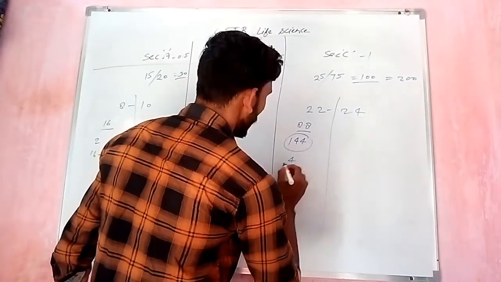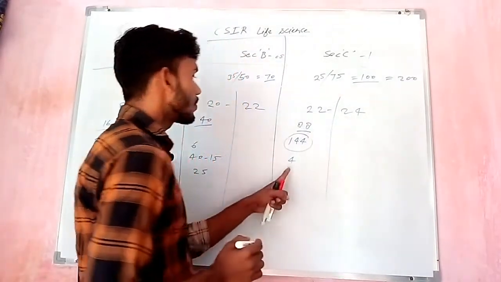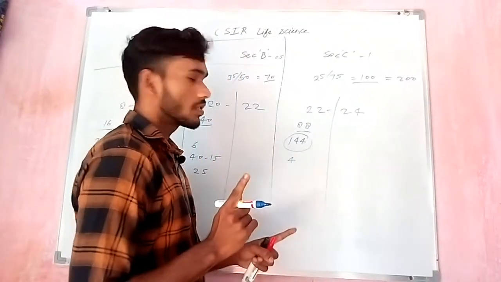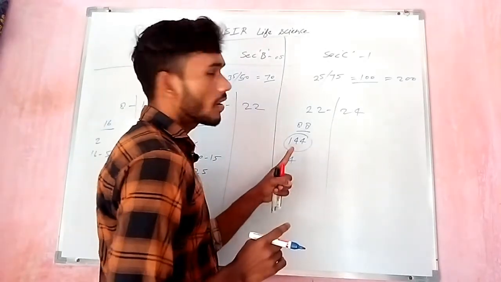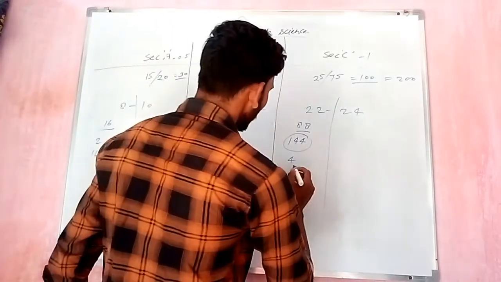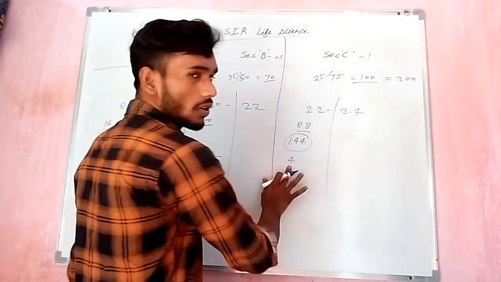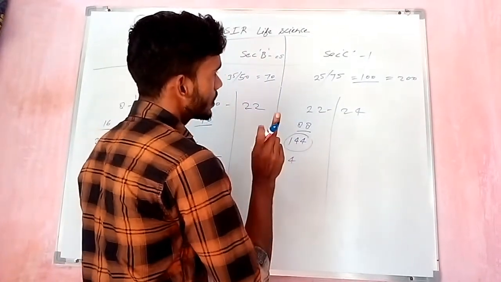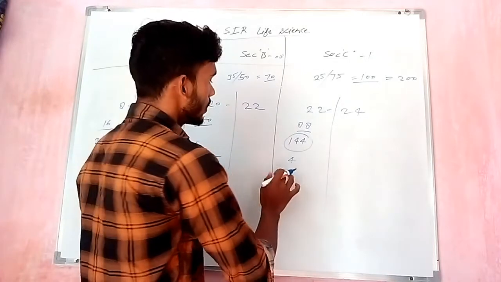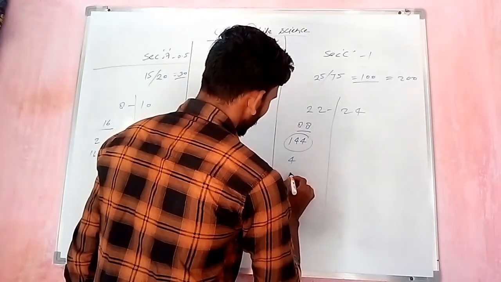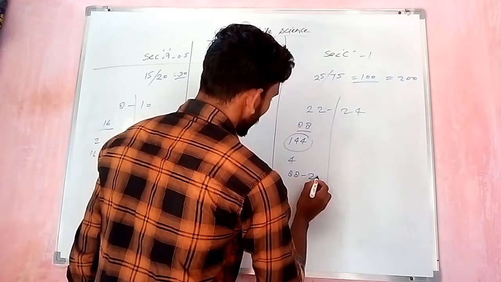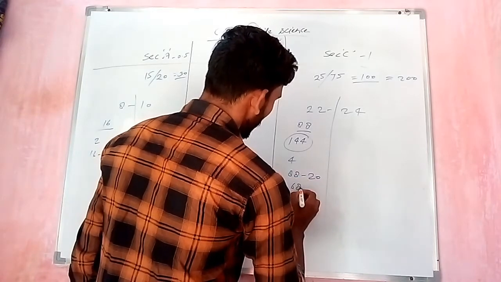And in section C, if 4 are wrong, 4 fours are 16, because this question is of 4 marks, and 4 for negative marking, because for each wrong answer negative marking is 1. So 16 plus 4, 20. 88 minus 20 is equal to 68 marks.